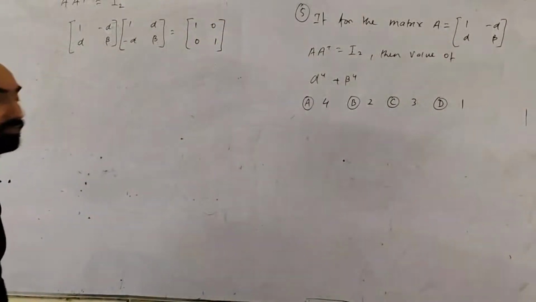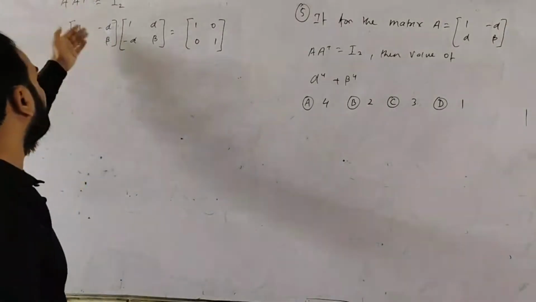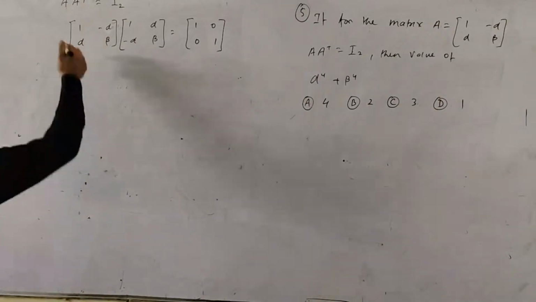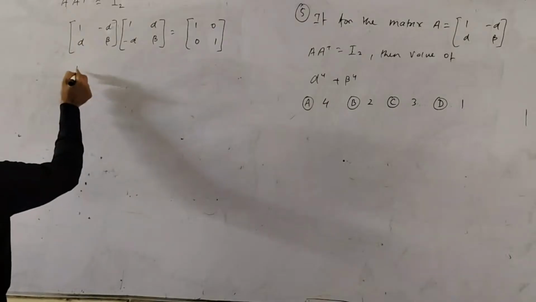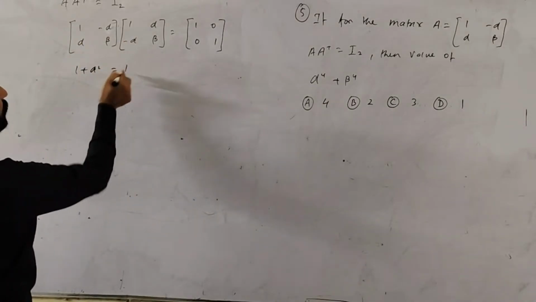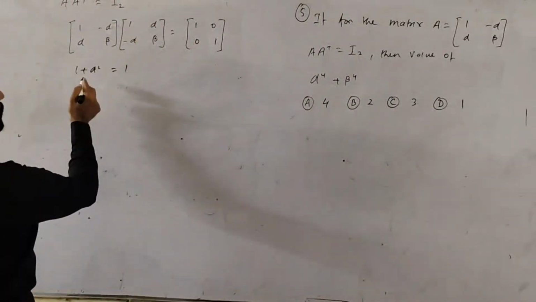Now see, from here we will get something, right? Matrix multiplication we know, it is easy, right? First row with the first column, first row with the second column, and second row with the first column, and then second row with the second column. So how to do? This will become what? 1 plus alpha square, and that will be equal to 1. First row, second column, it will come what?